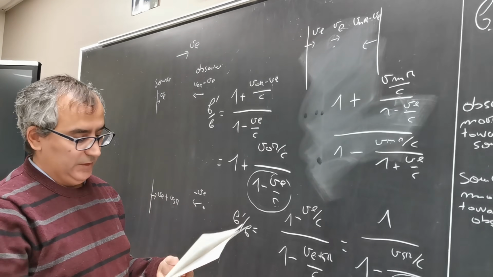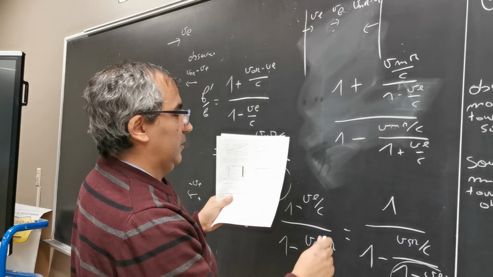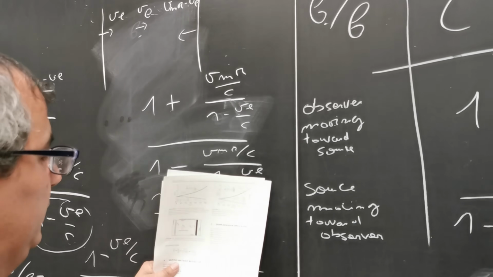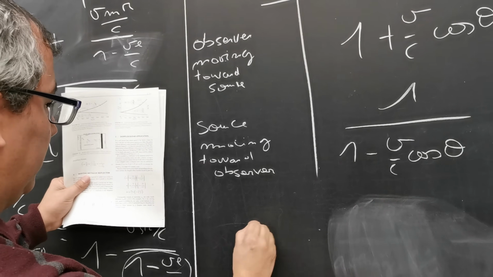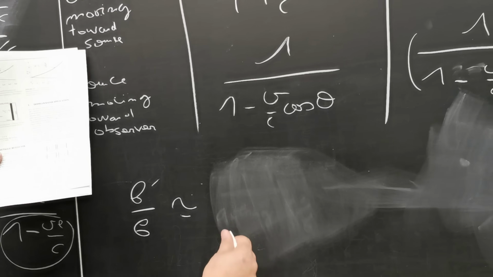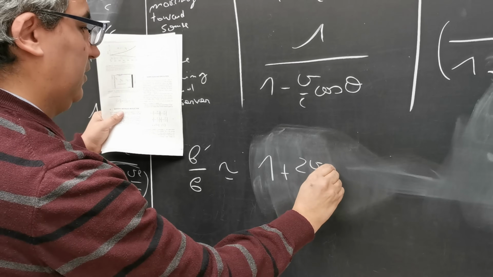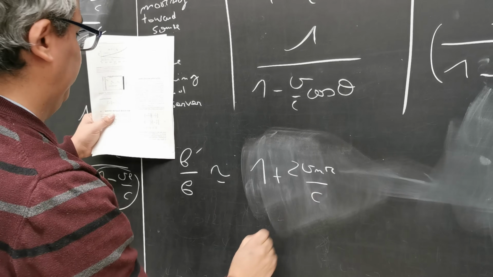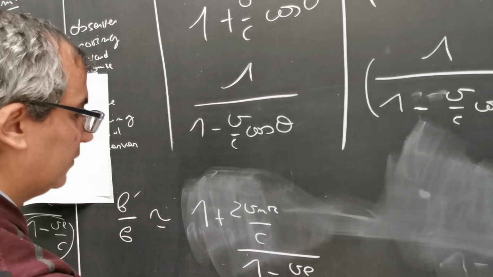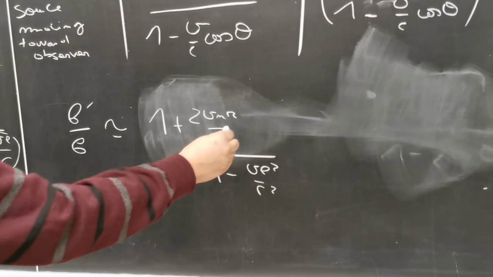If we develop this, we get, approximately, for F prime over F, for the moving reflector in a moving system, 1 plus 2 V_MR over C, divided by (1 minus VE over C) squared.